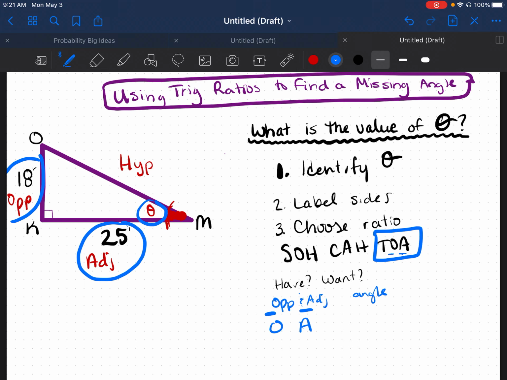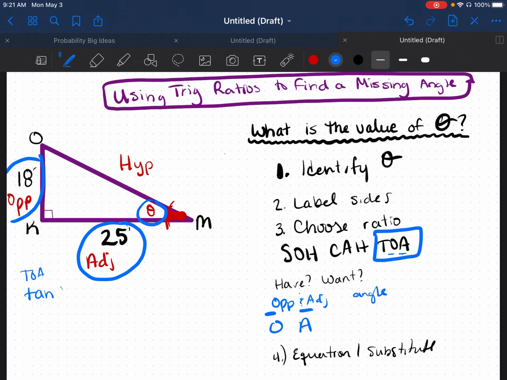So now I'm going to set up my equation. So step number 4 is to write your equation and substitute. So my equation is tangent, so I'm going to use TOA.